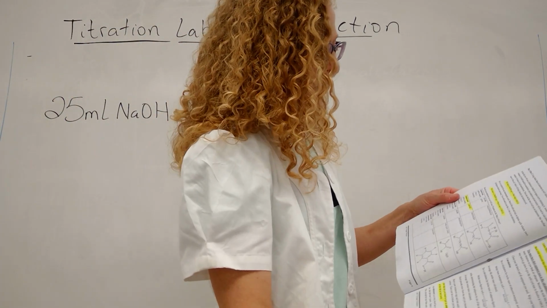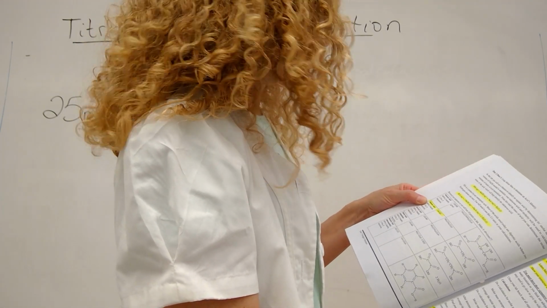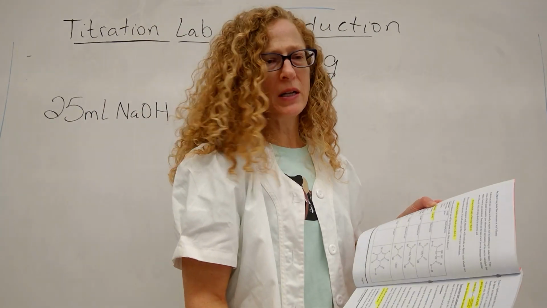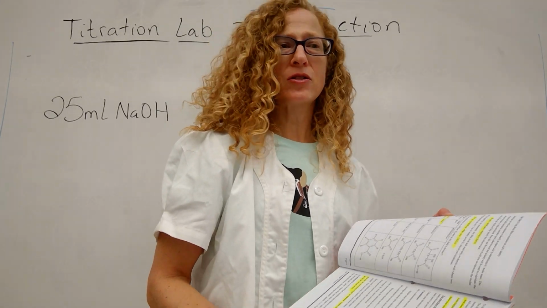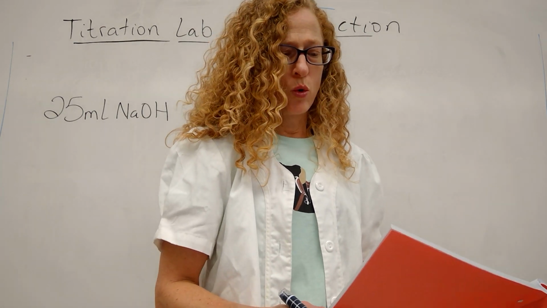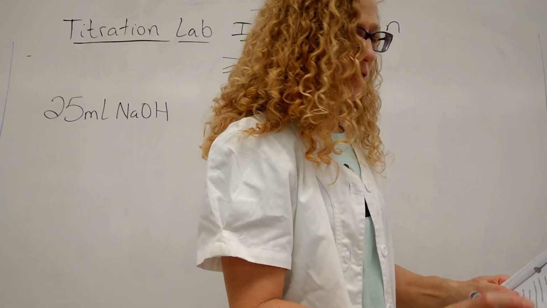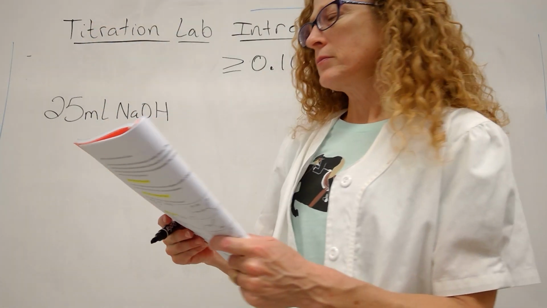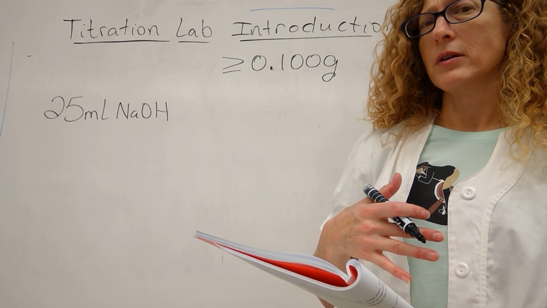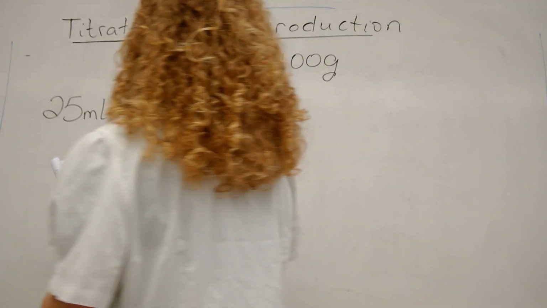And of all the unknown acids, the one that has the smallest molar mass is the malonic acid. And so, let's say that's the one you got, that's the one that you would use the most. So we're going to use malonic acid to figure out how much of our acid should we use. If you get a different unknown, then you're in the safe zone, okay? Because you know that you have the right amount.